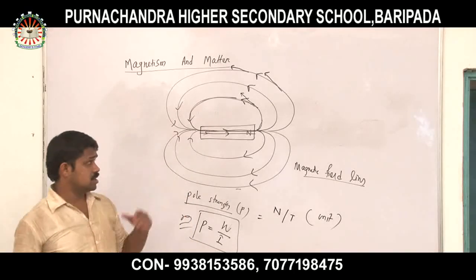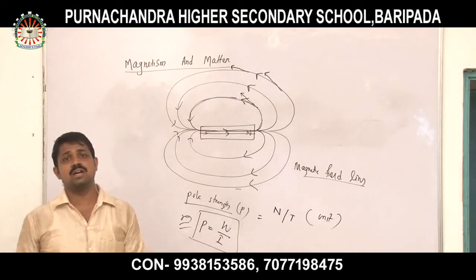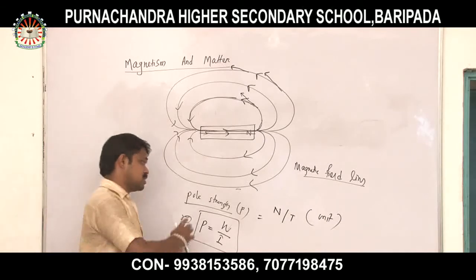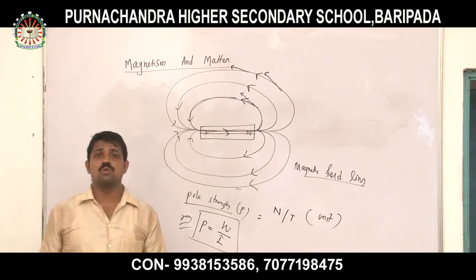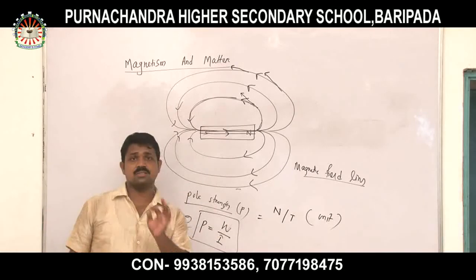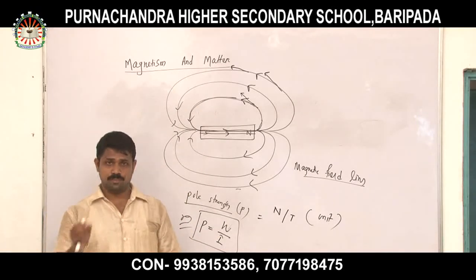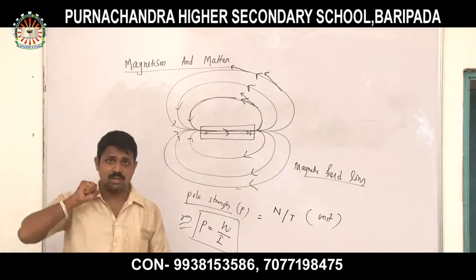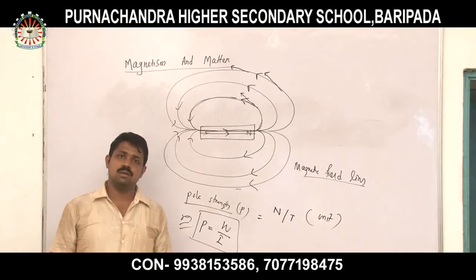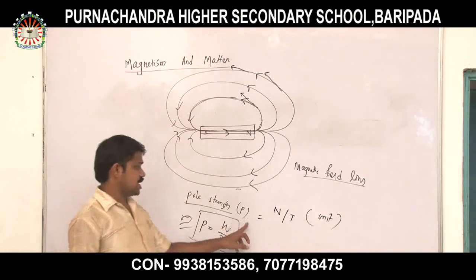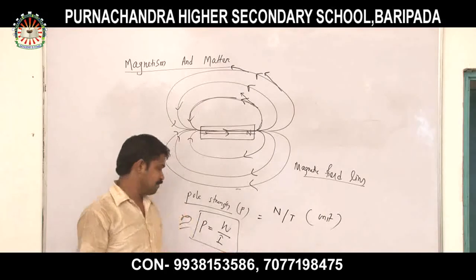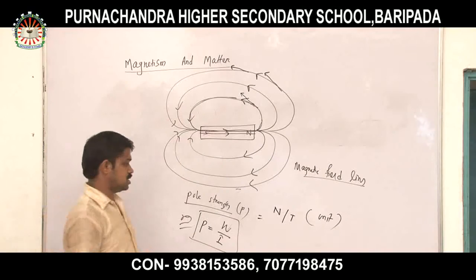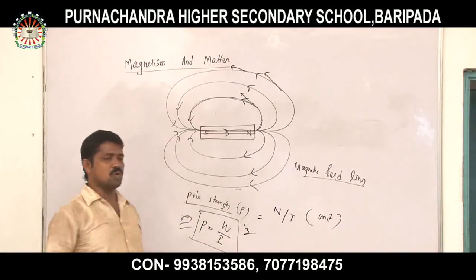Next, we discussed the magnetic field lines and their properties. And finally we discussed the pole strength P. Pole strength is nothing but the strength of the magnetic pole by which it can attract a magnetic substance towards it. The unit is Newton per Tesla. The formula is P equal to work done divided by current. Remember this formula to find out the pole strength.